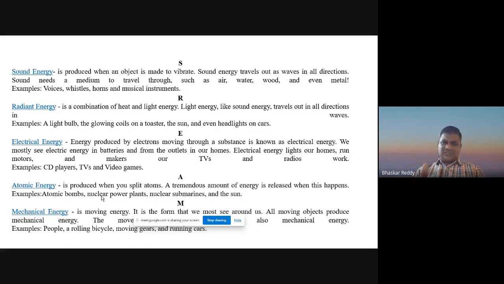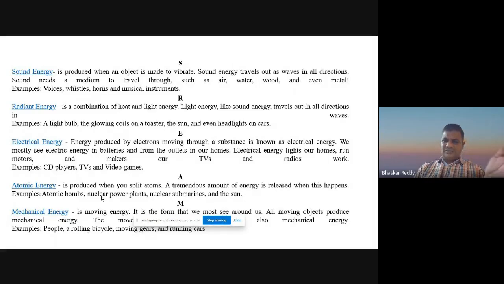But that is not the case, because when you keep a nuclear power plant, they take all sorts of protective measures so that radiation does not come out to the outside. That's why atomic energy is the more powerful energy, even in the generation of electrical power. So this is a simple methodology.